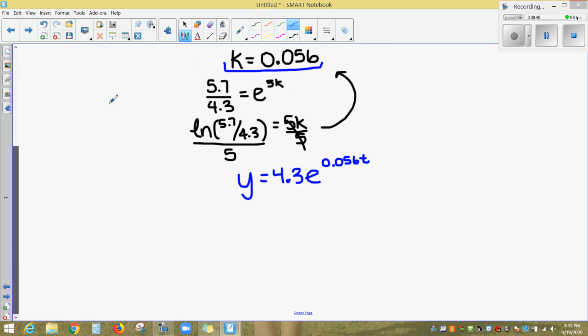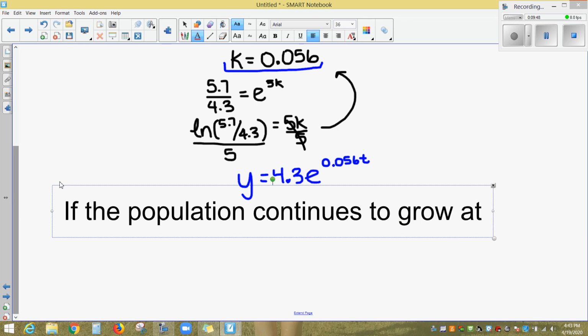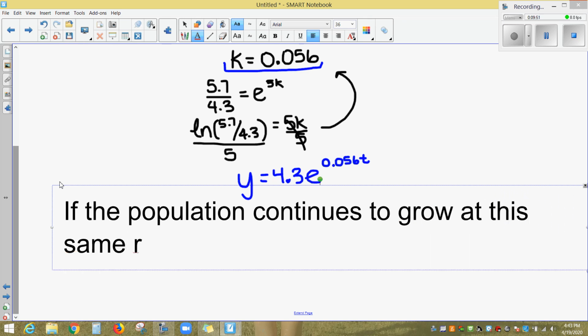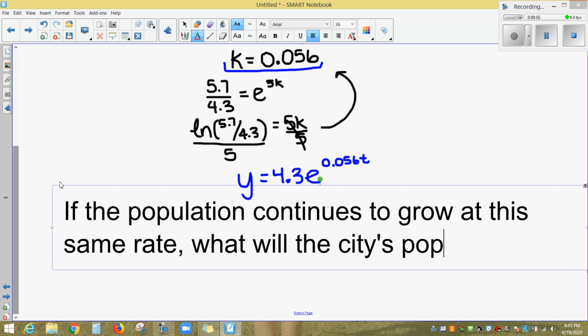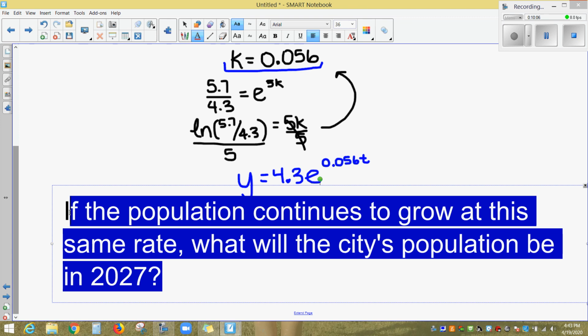From here, now let's ask a question. Okay, if the population continues to grow at this same rate, what will the city's population be in the year 2027? I can make this just a little bit smaller so we have room to write.